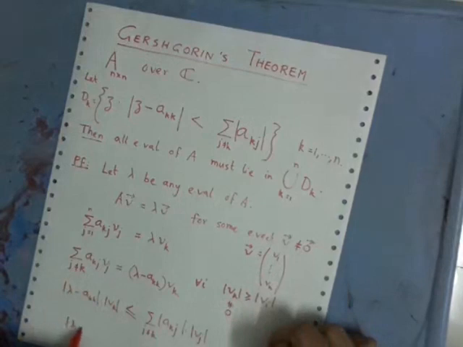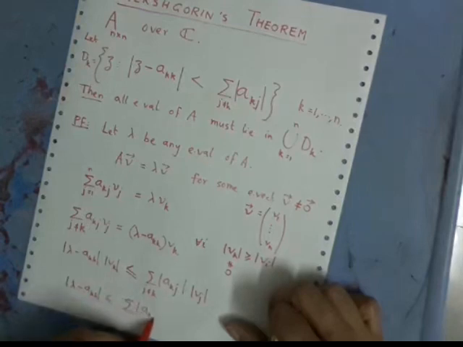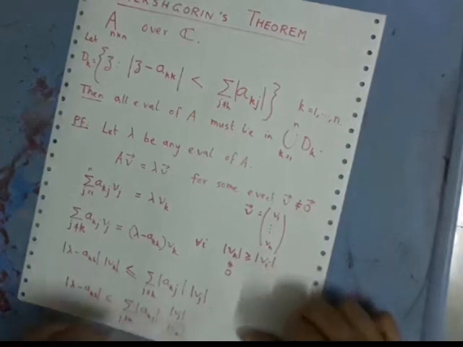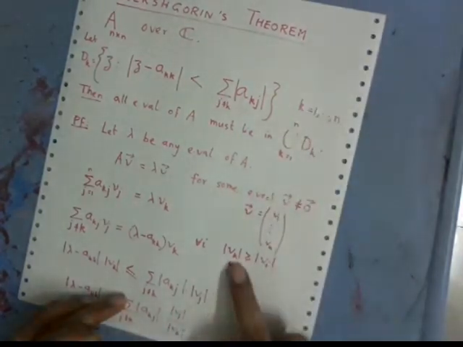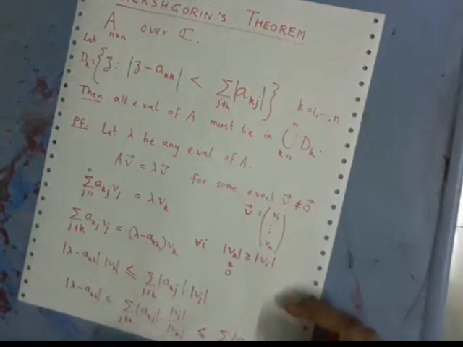So I will have |lambda minus A_kk| less than or equal to the summation of |A_kj| |Vj|/|Vk|, j not equal to k. These quantities are always less than or equal to 1 because Vk was the maximum of them all. So this must be less than or equal to the summation of |A_kj|, j not equal to k.